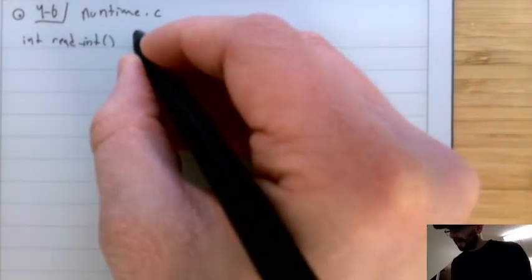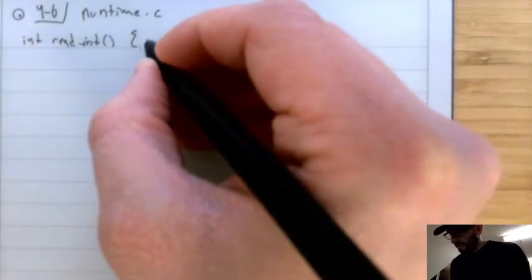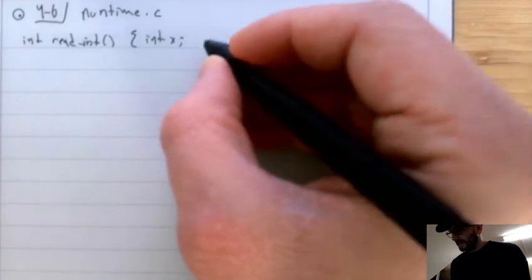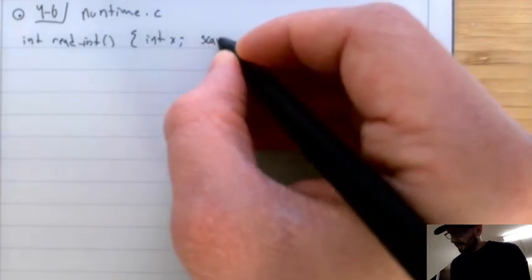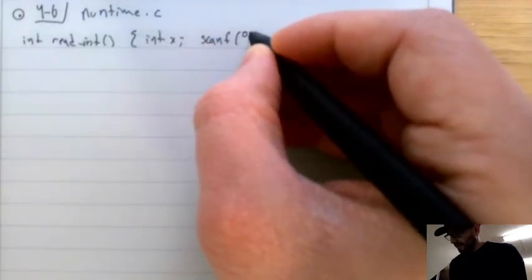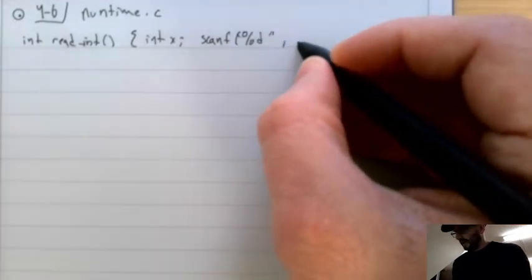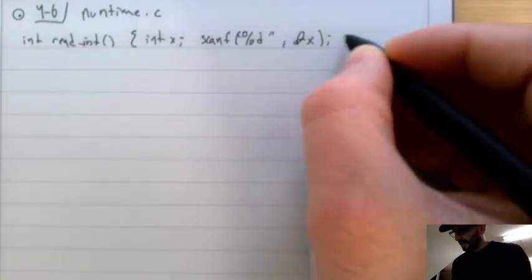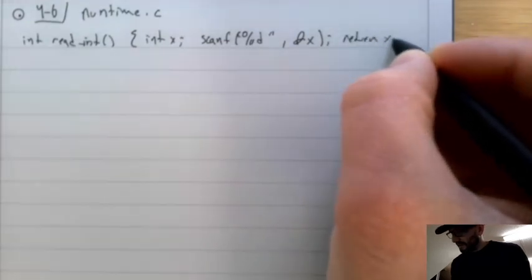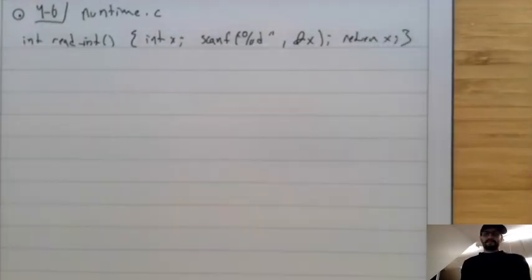It'll just have a function called readInt that takes no arguments. It'll define a variable x, call scanf, read in something in decimal and store it in x, and then return x. So this is just a really simple read function.